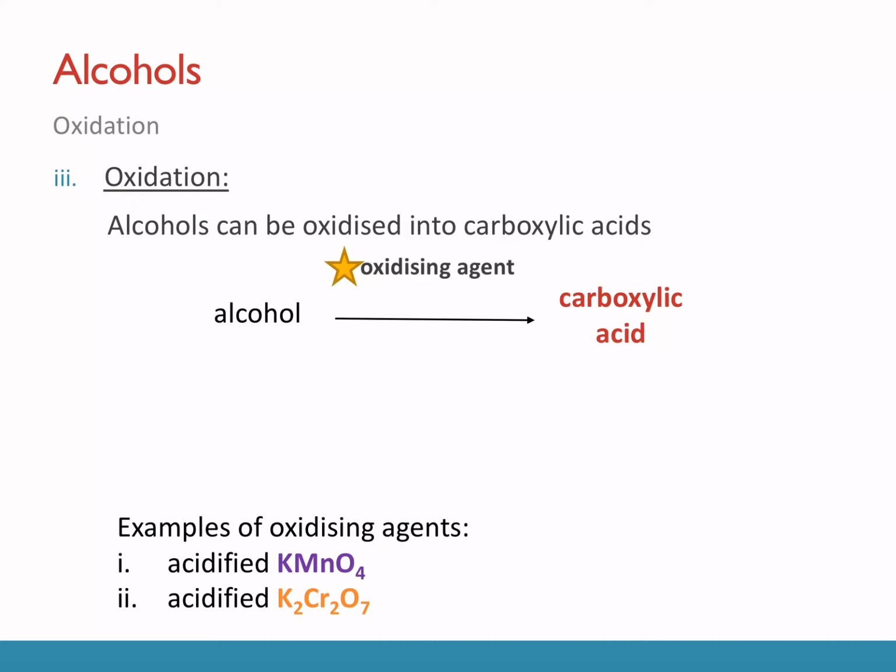So just to recall, what do we mean by alcohol? Let's say I have ethanol. If I oxidize it in the presence of an oxidizing agent, there are two examples that we will be using in organic chemistry as oxidizing agent, namely KMnO4 and K2Cr2O7.